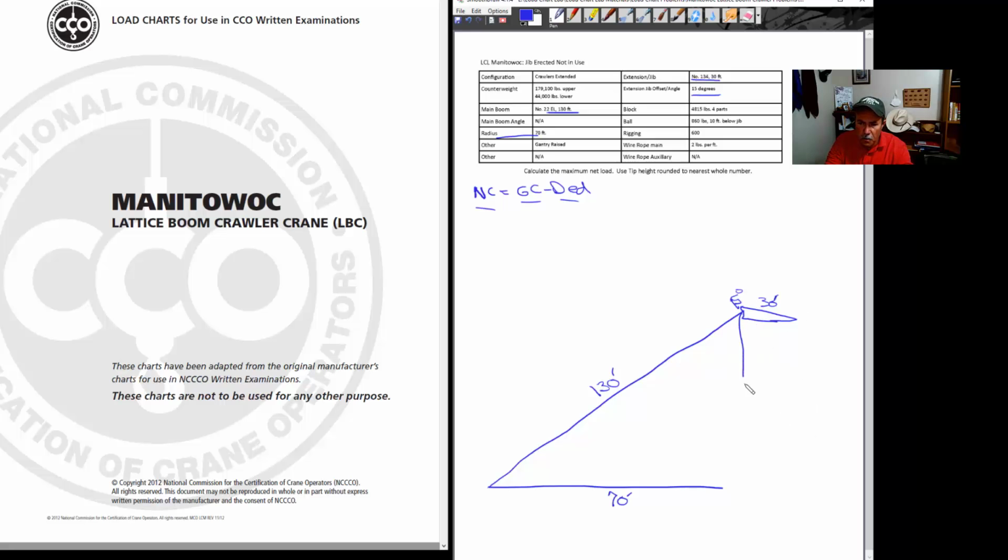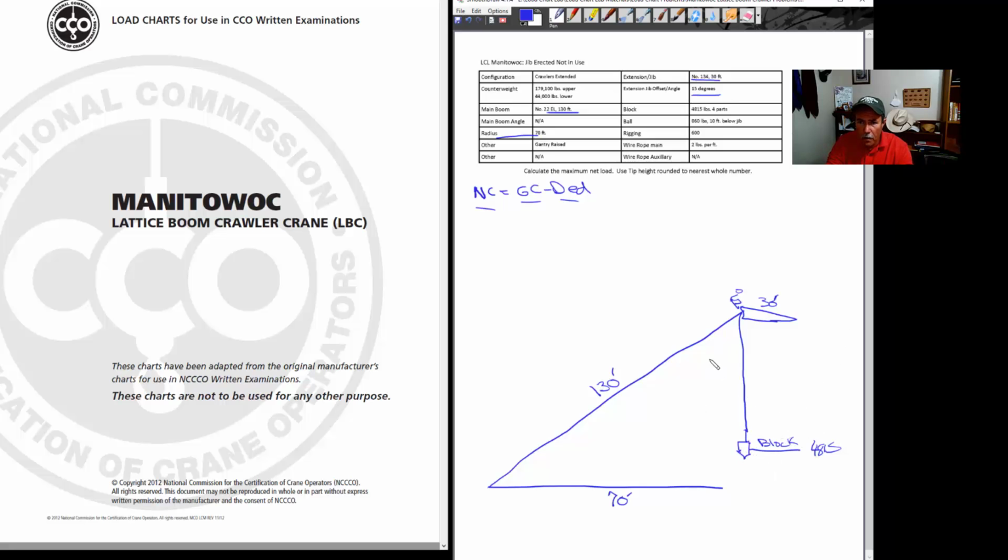In this configuration, we also have a load block with 4 parts of line. The block weighs 4,815 pounds. And remember what we're doing here, we're writing in the deductions for each of these components. We're creating a column of deductions that will add up once we get everything written in.